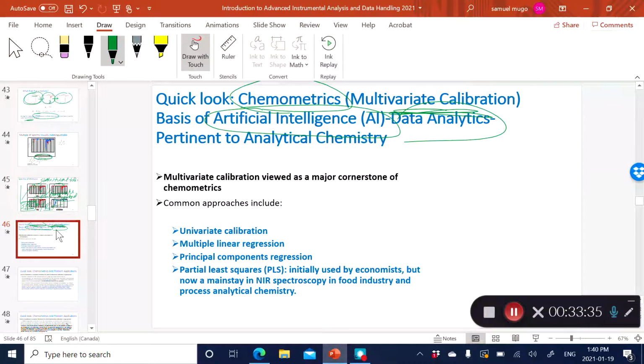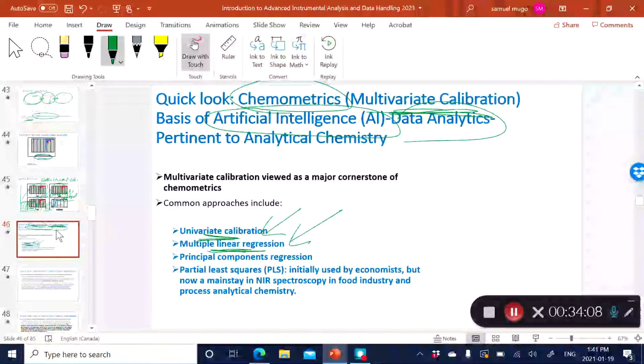So let me just very quickly highlight for you different types of multivariate calibration platforms that are typically used. Like I said, you're already familiar with the univariate calibration, where you're just using a single variable, a single signal. Multivariate linear regression, again, that's where you're using multiple types of signals to build your regression model.